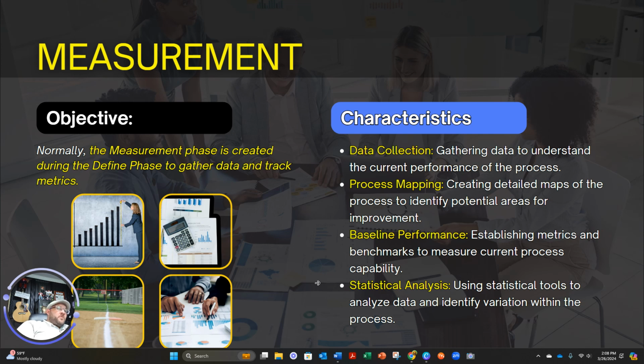During this phase, this is where we're really going to get into the data and understand what the cost of losing those customers is. What is the cost of improving the process? That's something we can always take a look at during the measurement phase.